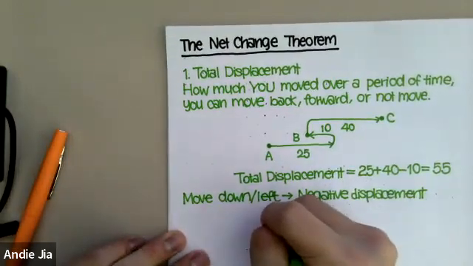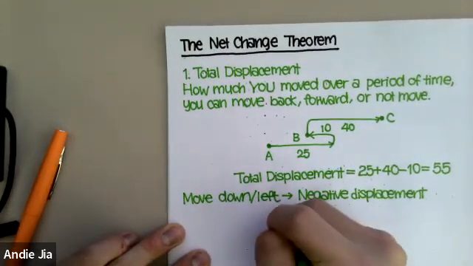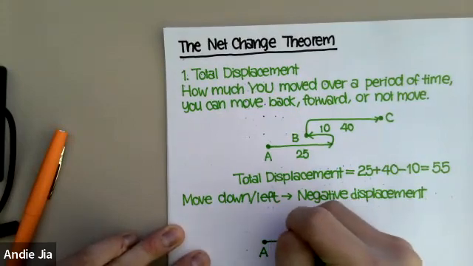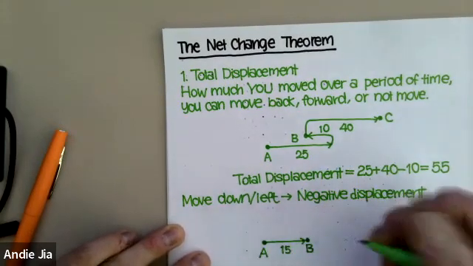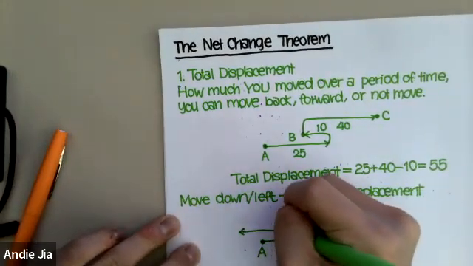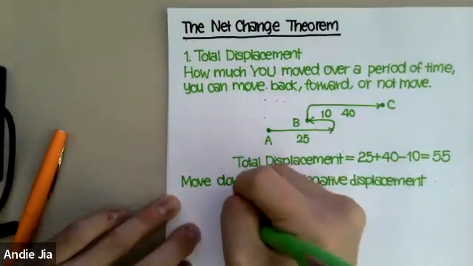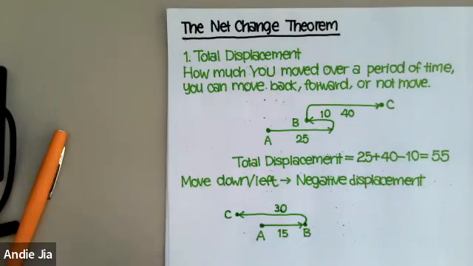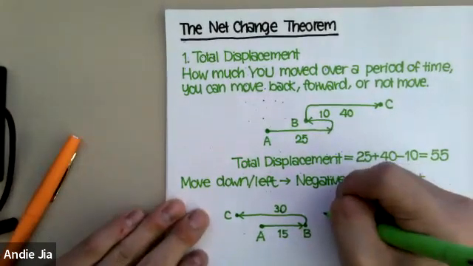Another case: you start at point A, move forward 15 meters to point B, move back 30 meters to point C. What is the total displacement? Move back 30 meters is negative 30. Move up, positive. So the total displacement can be negative 15 meters.